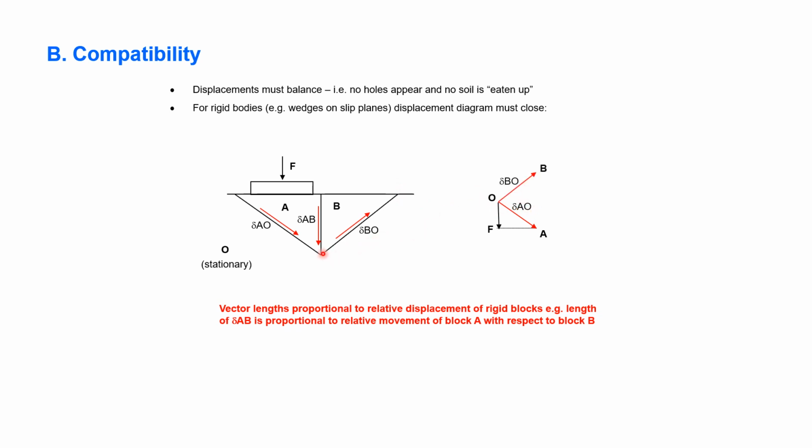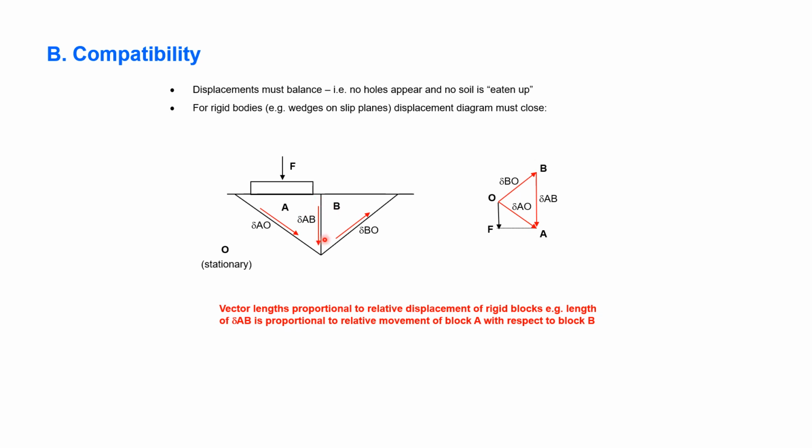Block B has to go up on this slip plane, this failure plane, with the vector delta BO. Of course, the length of these vectors are defined by this construction. We didn't know delta AO until we decided it has to go the same vertical distances as F. Similarly, we don't know delta BO until we realize that the vector delta AB, that vertical one there, has to be vertical because it's the relative displacement of block A relative to B, which is downwards.